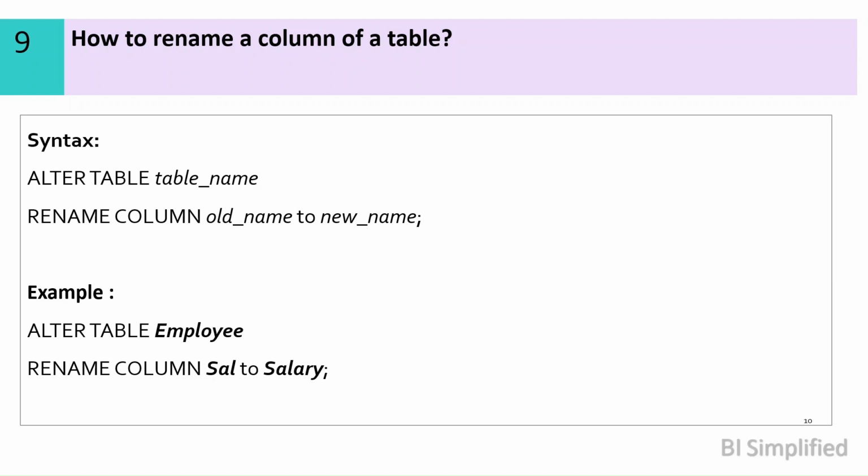So for example, if you want to rename the column sal to salary from the employee table, this is how you have to write the query. ALTER TABLE employee RENAME COLUMN sal TO salary. So this is how you have to rename a column of a table.